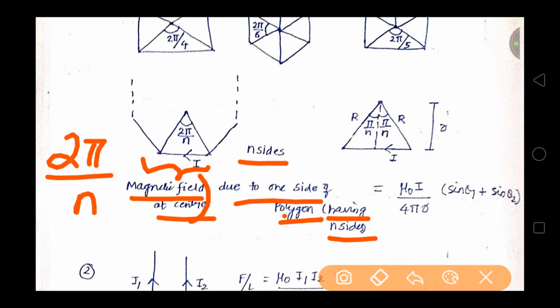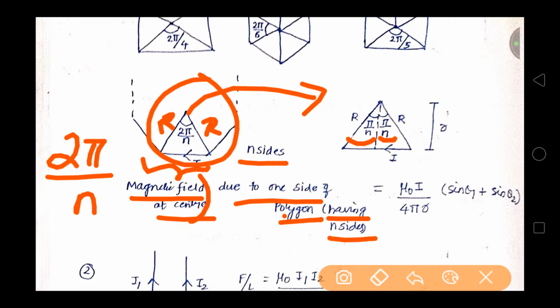Now I'm dividing this diagram into two. So 2 pi by n can be written as pi by n, pi by n. And this is the radius r.